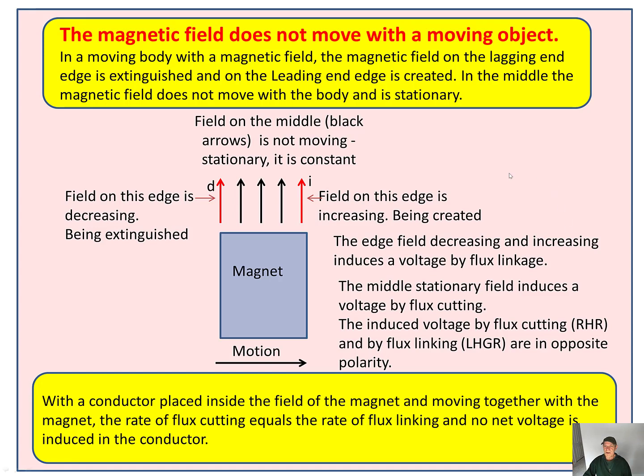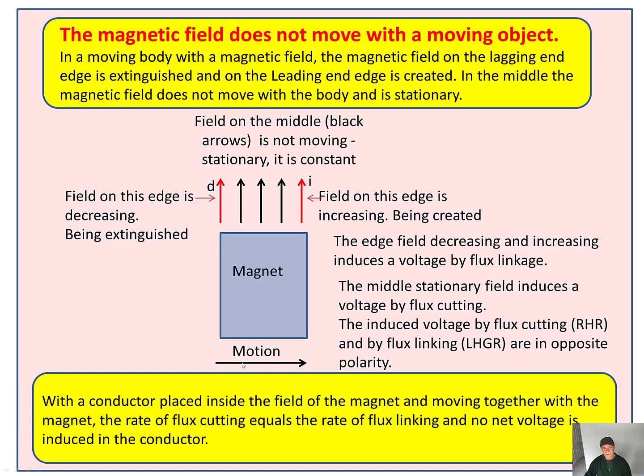So this is where the modification or the enhancement to the magnetic field comes in. The magnetic field does not move with a moving object. In a moving body with a magnetic field, the magnetic field on the lagging end of the edge is extinguished, and on the leading end it is created.